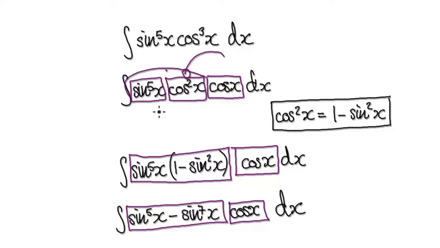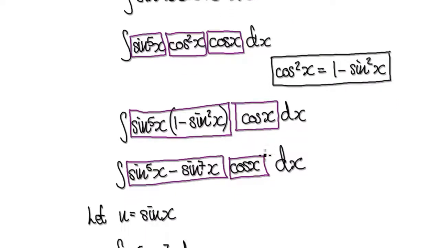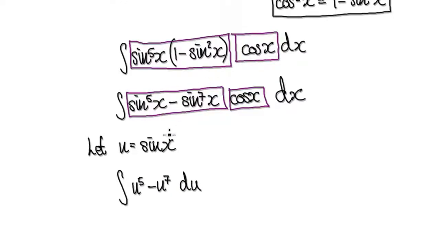You want everything in here to be in terms of sine. So make use of this. If you put this into the middle block here, now you can see that this block is all in terms of sine, and then you've got cos. So you know it's easy to integrate. This thing here will then become this, and then you can make this substitution, and you can see that this is really easy to integrate.